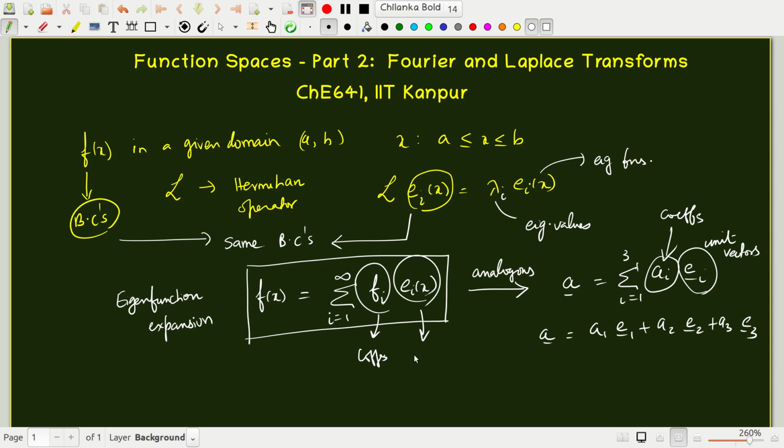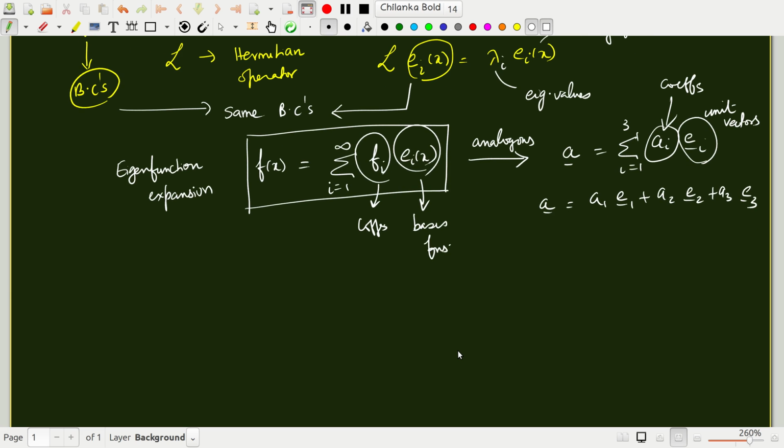These are the coefficients, and here these are the basis functions. The only additional complexity that you have to worry about are the boundary conditions for functions: the eigenfunctions and the function that you are trying to expand must necessarily satisfy the same boundary conditions.